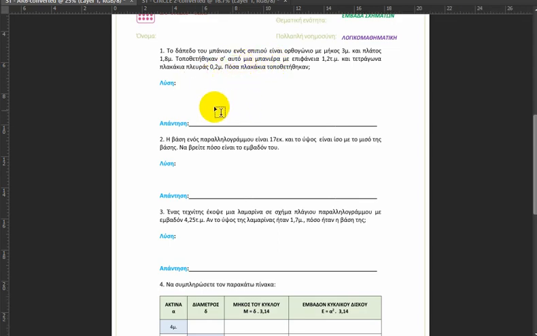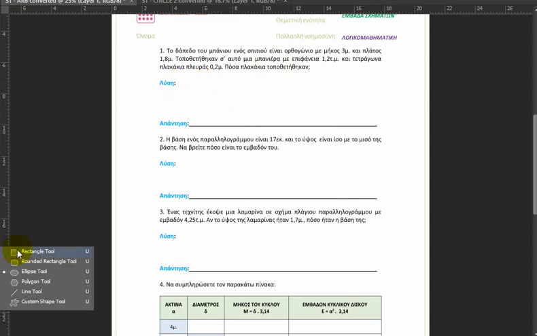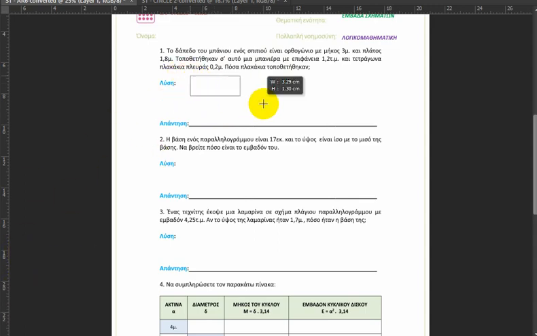So let's get started. Let's actually draw this so that we can see it a little better. We have the entire bathroom. Okay, and one side is 3 and the other side is 1.8. So let's say 1.8 here and 3 here. All right.